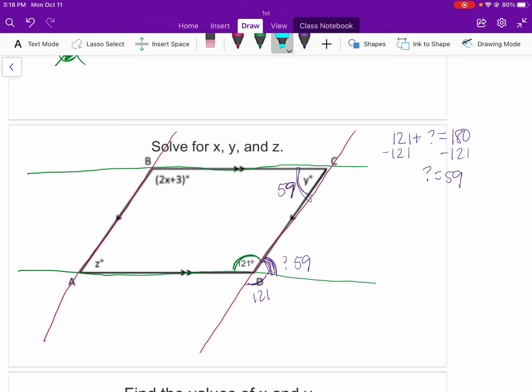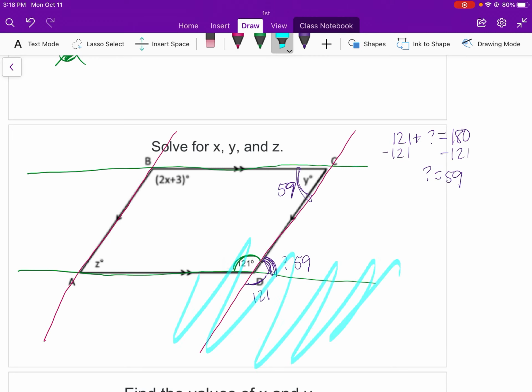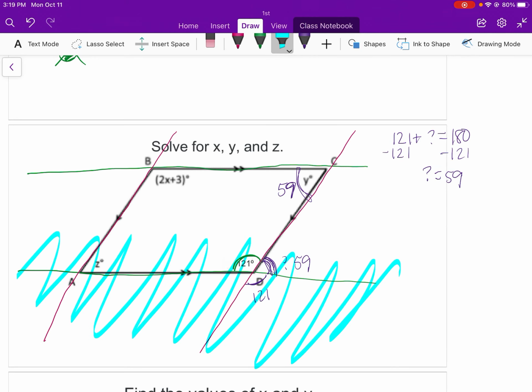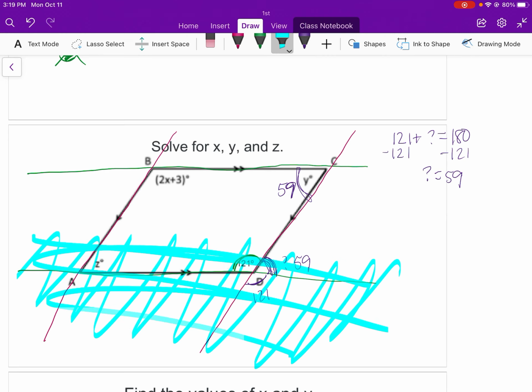Now, if I cover up everything right here, and I'm only looking at this angle right here and my Y, I see that these are same side interior. And so these are supplementary. So if this is 59, then this angle is equal to 121.